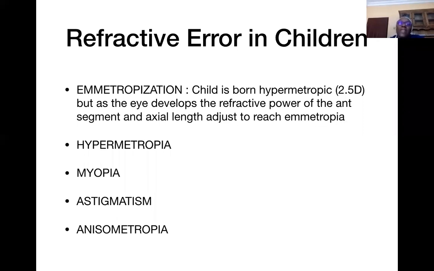But along the line, because of some developmental problems, the eye can be hypermetropic. They can have myopia, they can have astigmatism because of the corneal curvature, and then anisometropia, whereby there's unequal refractive error in the two eyes, one probably more than the other. Hypermetropia is commoner than myopia. So these are conditions that can occur in children, and they need to be considered when giving spectacles, so that you get complete compliance from the children and even from the parents.